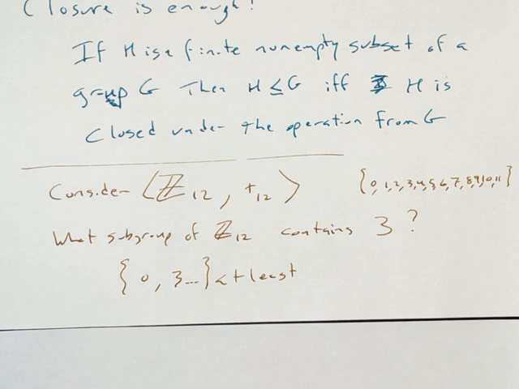Closure is enough. So what can you make? So I need 6, right? Closed. There's 3 and 3 is 6.